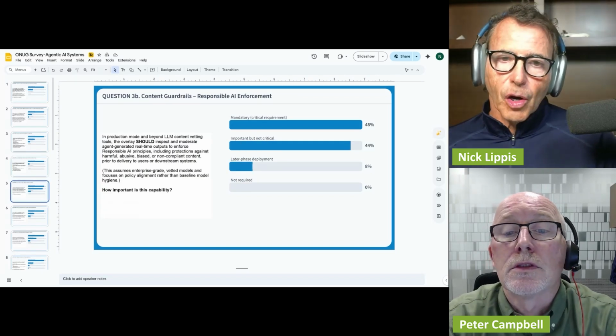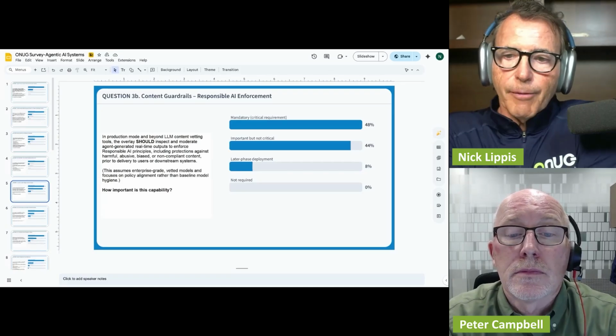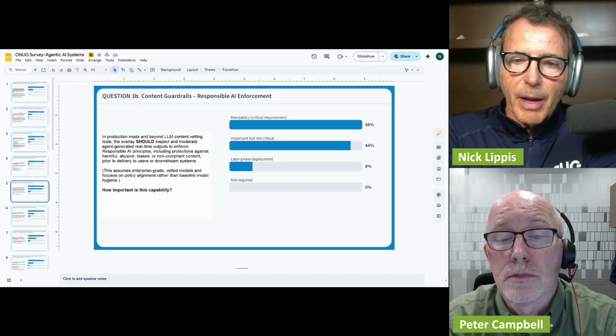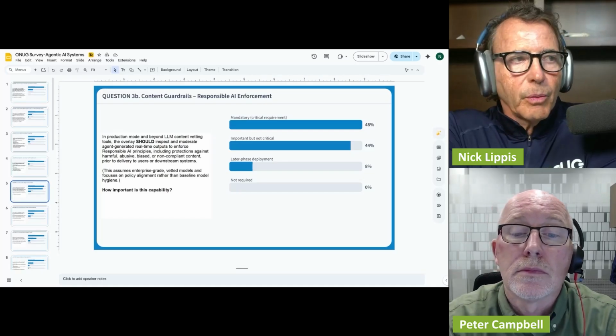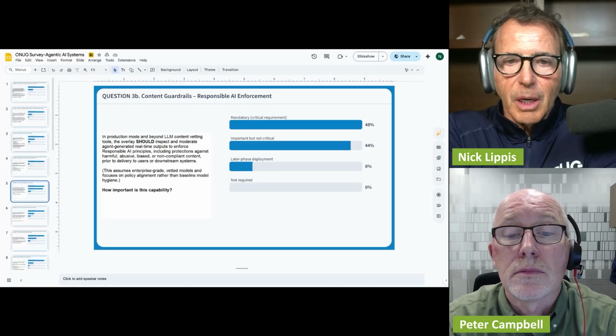So a content guardrail. This is a little bit different. This is responsible AI enforcement. It's a little more split, almost 50-50 between mandatory and important. We tried to separate LLM content from agent content here.